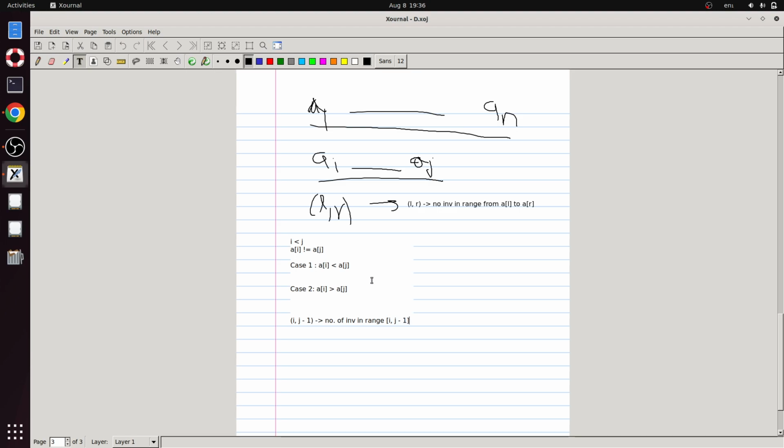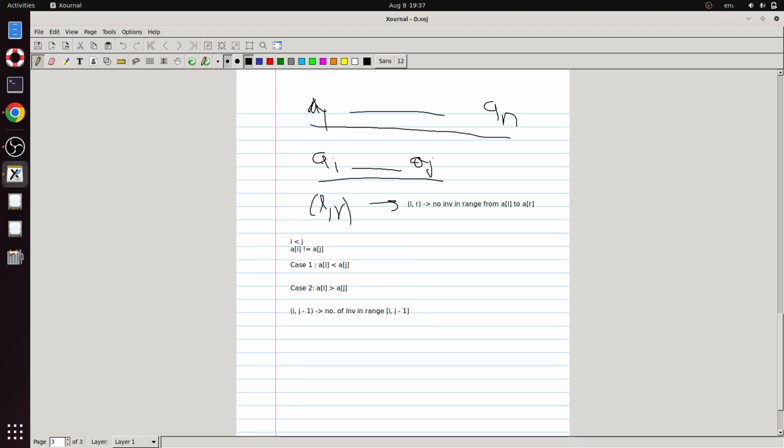Now j minus 1 is greater than or equal to I, so it can happen that j is equal to I plus 1. In that case, I till j minus 1 will equal I, which is one element, so 0 inversions. Even such a thing can happen, but basically the query I till j minus 1 returns the number of inversions from the element I till j minus 1, so just before a of j.